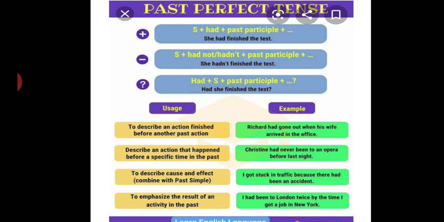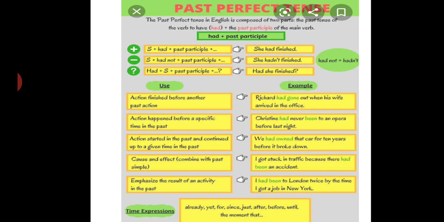Now you can also say, I had been to another restaurant for swimming before I built my own swimming pool. Okay, that's good. Now, these are all still under past perfect tense. It's still the same thing.